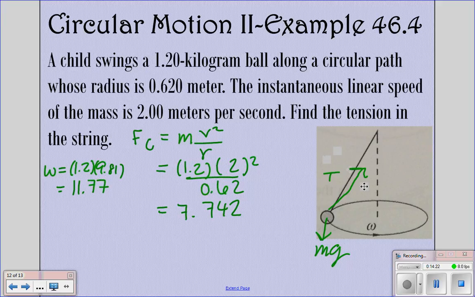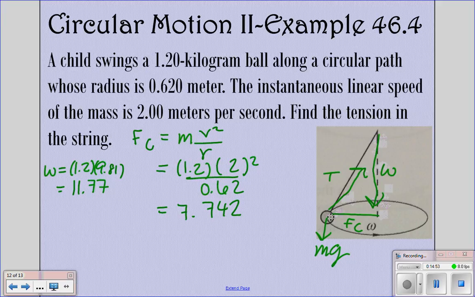We have a horizontal component that is the F sub C. This is your F sub C because that's the force toward the center of the circle. And then your mass times your gravity is acting down. And so your weight is the vertical part.